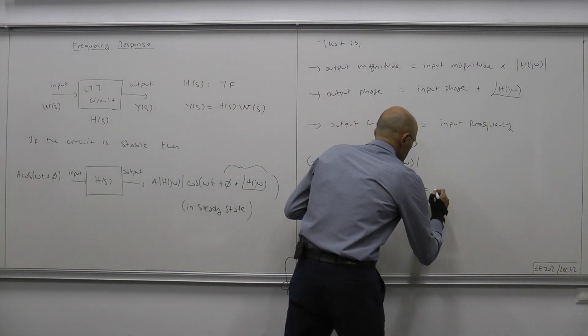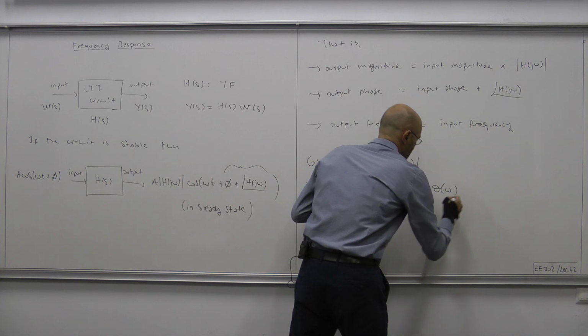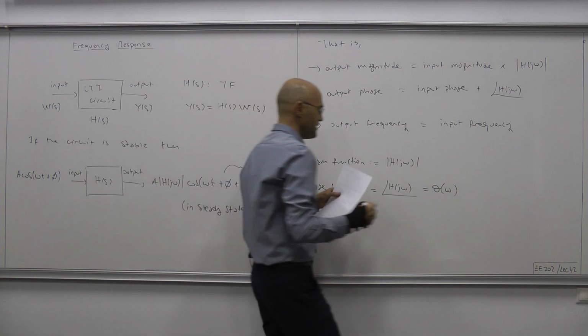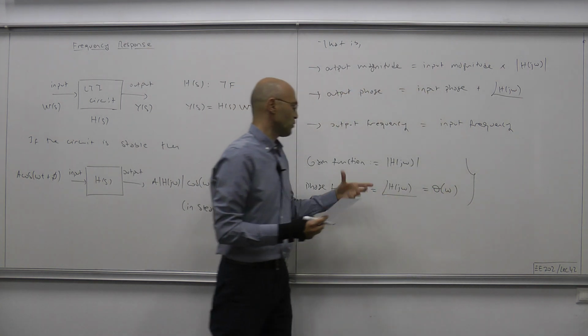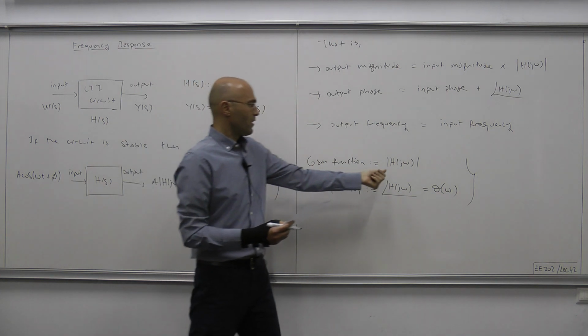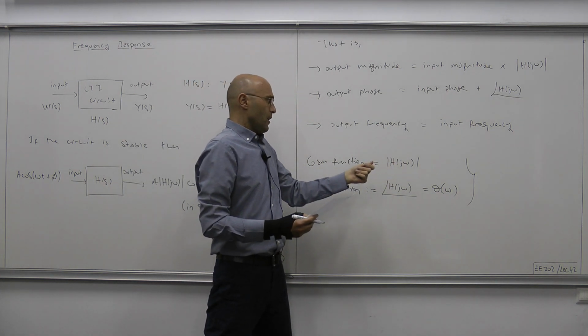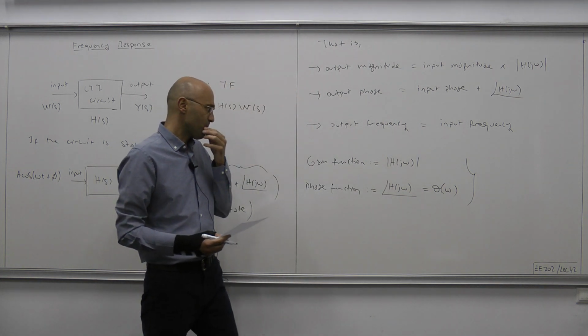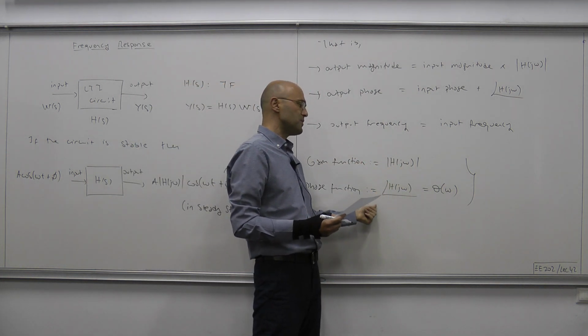Sometimes this is indicated by theta of omega. Together, here we have two functions, both functions of omega, the input frequency: one is the gain function, the other is the phase function.